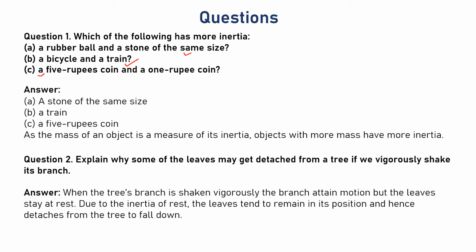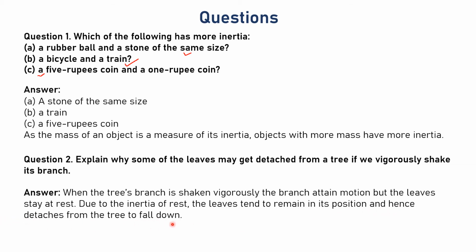Here is the answer: when the tree's branch is shaken vigorously, the branch attains motion, but the leaves start at rest. Due to the inertia of rest, the leaves tend to remain in their position and hence detach from the tree.